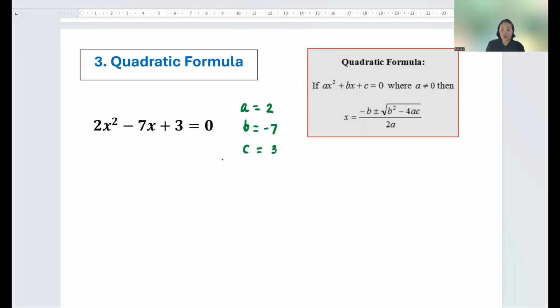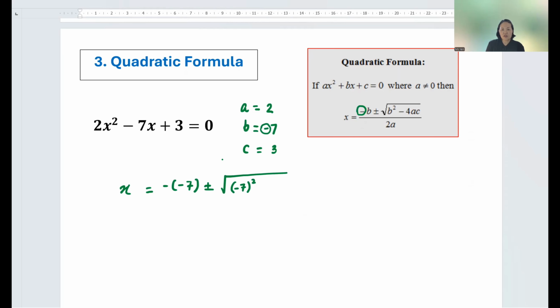So let's substitute. Now x equals minus b, which is minus minus 7. Okay, be careful. This is originally minus here, and we have a minus here, so we've got double minuses here. And then plus minus square root of b squared. I'm going to put that into brackets because it's negative.